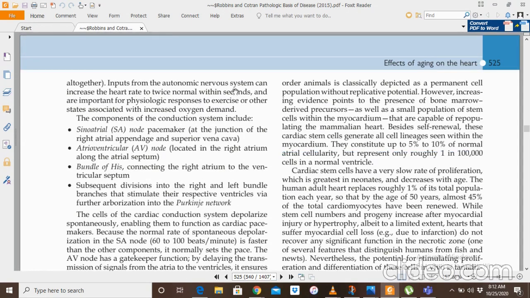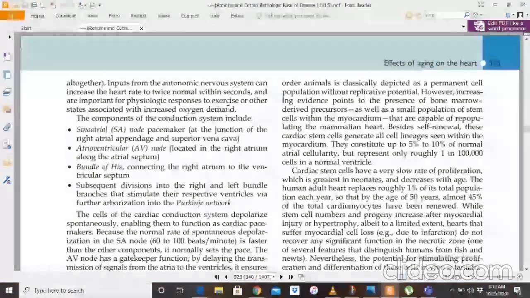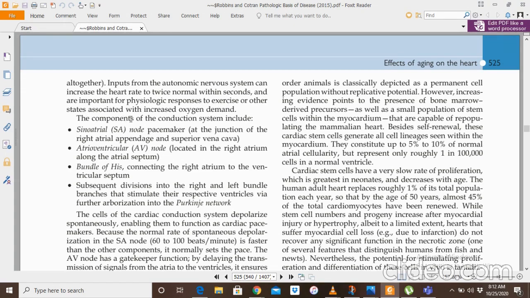Inputs from the autonomic nervous system can increase the heart rate to twice normal within seconds and are important for physiologic responses to exercise or other states associated with increased oxygen demands. The components of the conduction system include these. The pacemaker of the heart is present at the junction of the right atrial appendage and the superior vena cava.